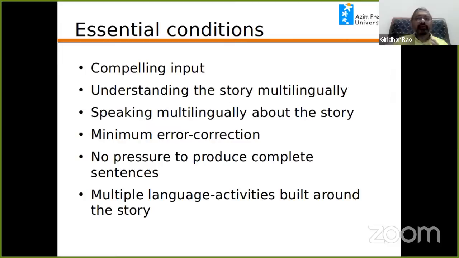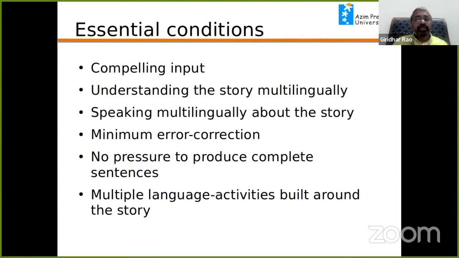Children learn to map language and reality across languages quite fast. So this is a great way of using the multilingualism that the child comes with as a resource rather than considering it a problem. Similarly, when the child is speaking, especially, let the child be multilingual in their engagement with the story.